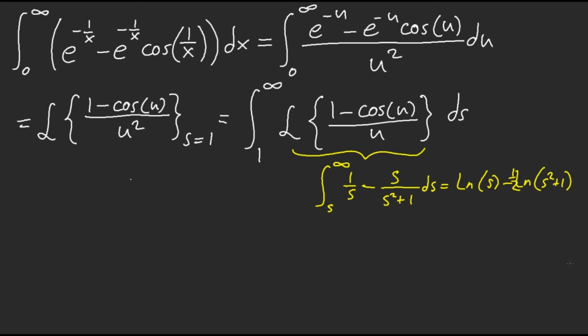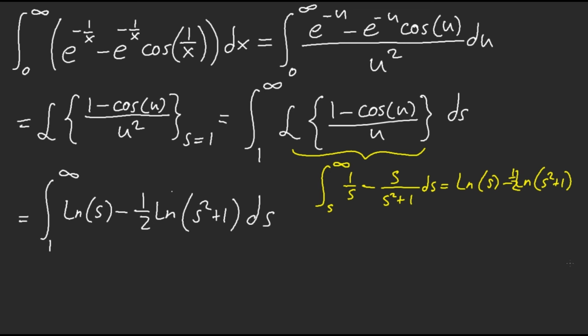So what we have is from 1 to infinity, ln of s minus half of ln of s squared plus 1 ds. So this is our integral. Holy smokes. Alright, well, let's go at it then, shall we? I already know, if you've been through this series, the integral of ln of s is simply s ln of s minus s, right?